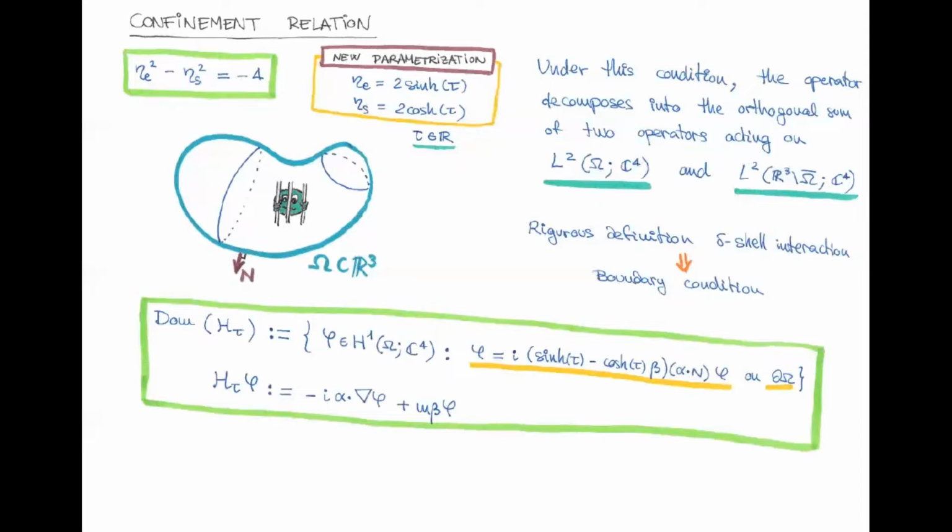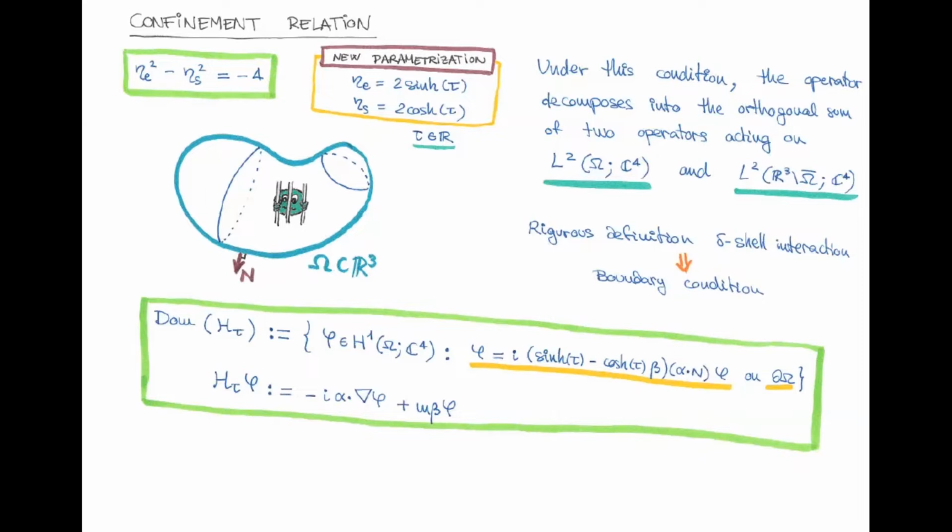So for each value of the parameter tau, I'm going to have an operator which acts on functions that are in H1 and that satisfy this boundary condition on the boundary of my domain. I'm going to comment on this in a second, so you can ignore it for now. And the operator is just the Dirac operator inside my domain, and then you have this boundary condition.